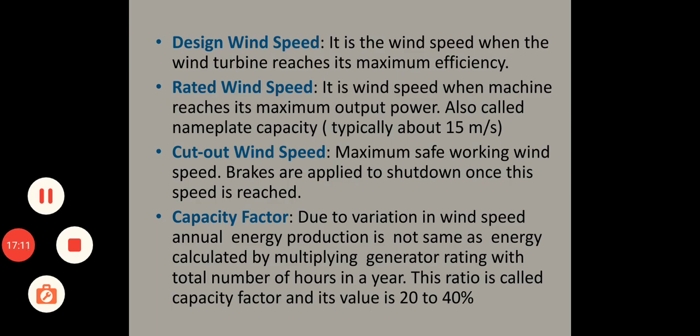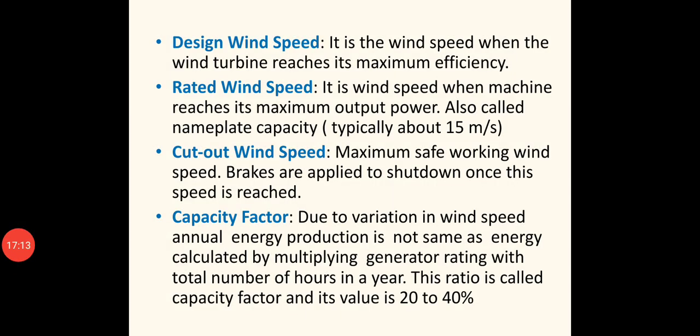We can calculate the total energy production that can be obtained from a particular wind turbine. The wind turbine has a particular energy rating, that is this much kilowatt. This is to produce this much kilowatt, 3 kilowatt for example.